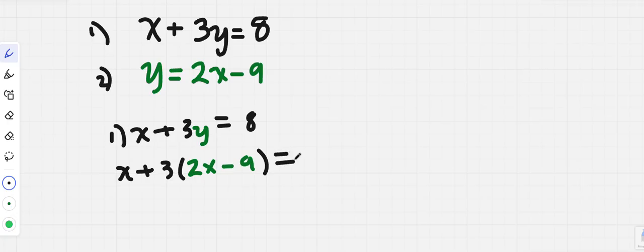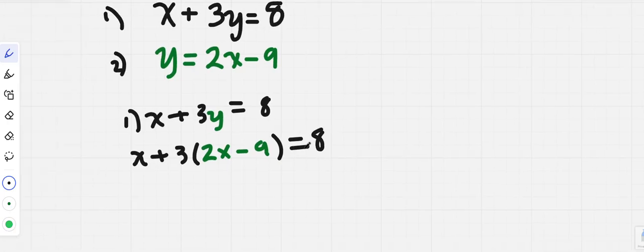We'll finish writing out the equation as it's written, it's 8. And then we use PEMDAS to solve for x. First we have to do parentheses, and here we do the distributive property. So 3 times 2x is 6x, and positive 3 times negative 9 is negative 27.